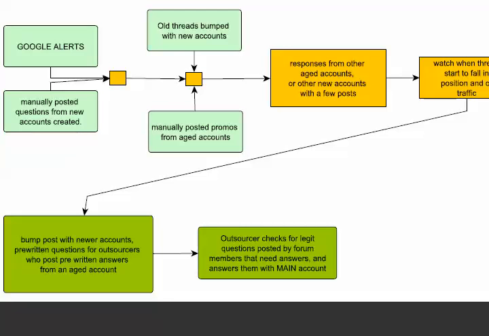They could ask a question about the topic in general that's related, or a question about your specific resource that's owned by your niche product, and that'll bump it back up to the top, and you might actually then get other forum owners, other third parties, to just come in and answer that without you having to do anything, or you might have to continue the conversation yourself. And all this can be done by outsourcers, okay?